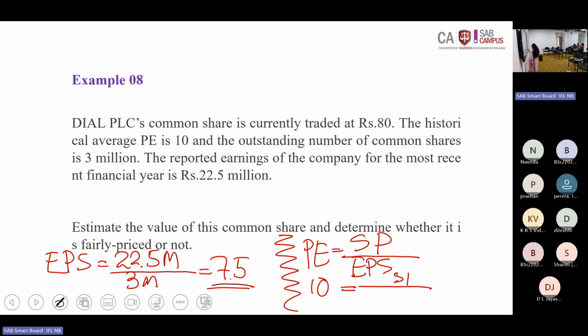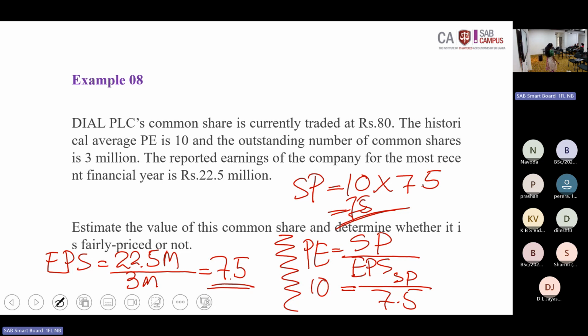We don't know the share price, but we have already calculated the EPS, that is 7.5. So then share price equals 10 multiplied by 7.5, that is 75.